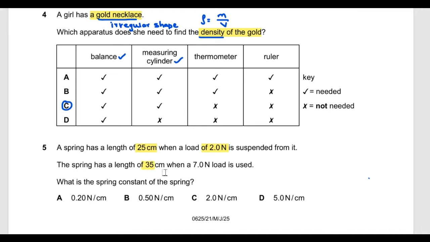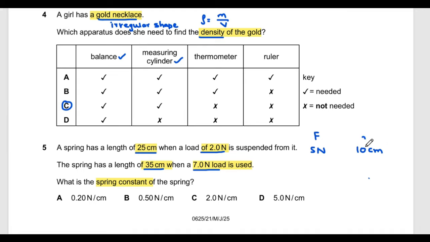Question 5 says, a spring has a length of 25 cm when a load of 2 Newton is suspended from it, and it has length 35 cm when 7 Newton is used. What is the spring constant of the spring? So the stretch length is 25 cm when the load is 2 Newton, and the stretch length is 35 cm when the load is 7 Newton. So 7 minus 2 would be 5 Newton. So if we hang 5 Newton, then 35 minus 25, 10 centimeter would be the extension.